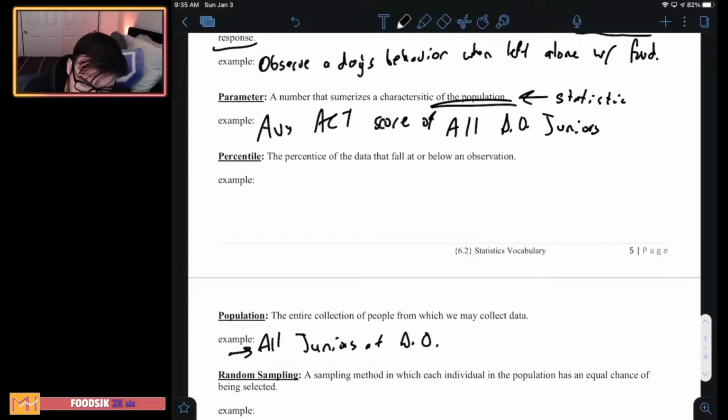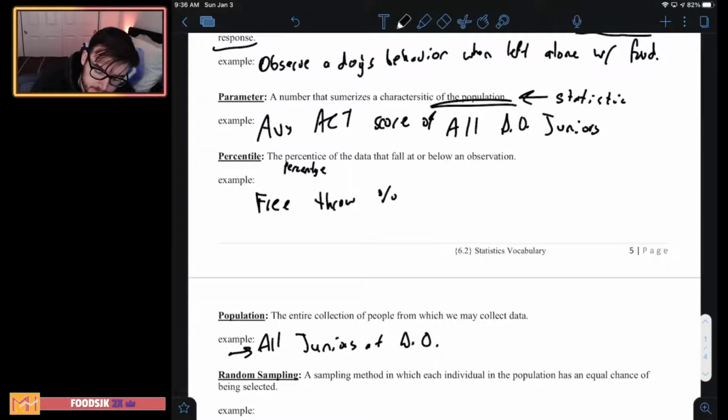Percentile. I think that's supposed to be percentage. Percentage: the percentage of data that fall at or below an observation. For example, a free throw percentage.